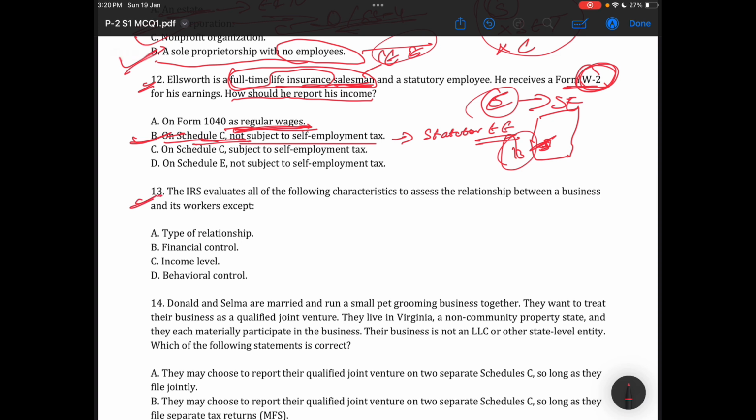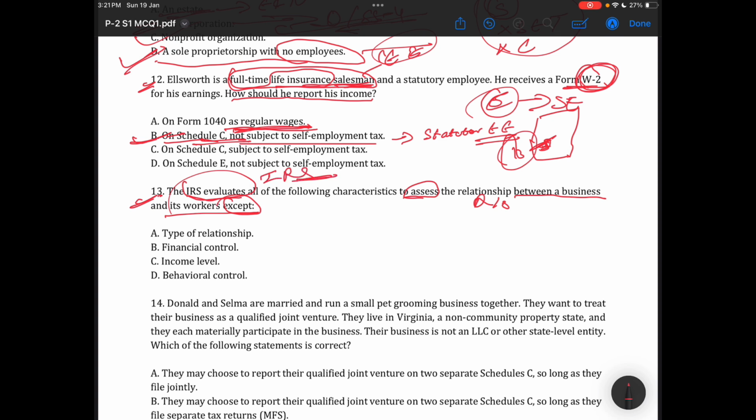And second is: the IRS evaluates all the following characteristics to assess the relationship between a business and its worker, except. Again, the IRS evaluates all the following characteristics to assess the relationship between a business and its worker, except who will evaluate.